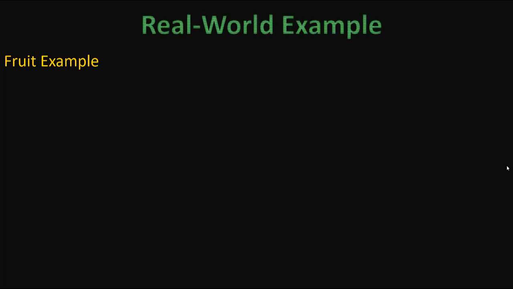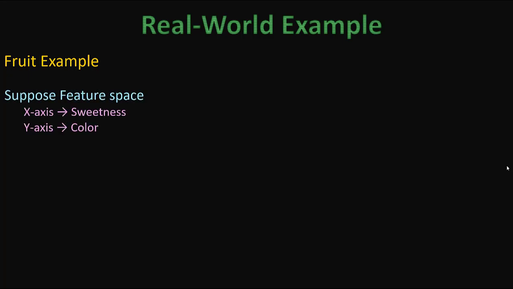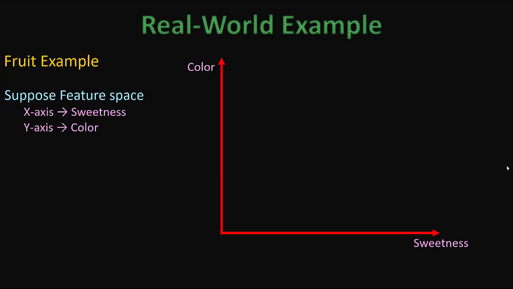Now let's take a real world example, the fruit example. Suppose we have a 2D feature space where the x-axis gives the sweetness and the y-axis the color. So these are the two axes we have. Here we classify these eight fruits based on sweetness and color. On the x-axis, more to the right means more sweetness, and on the y-axis, as we move up, the color becomes lighter. So this is what we get.